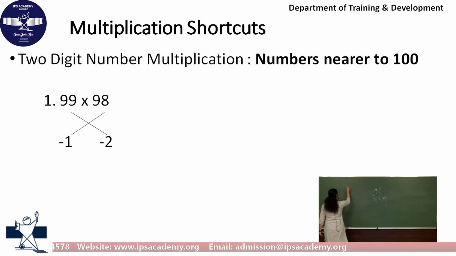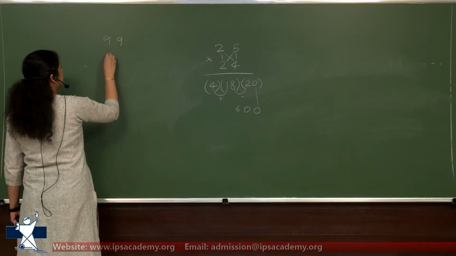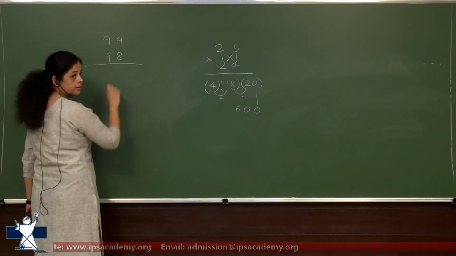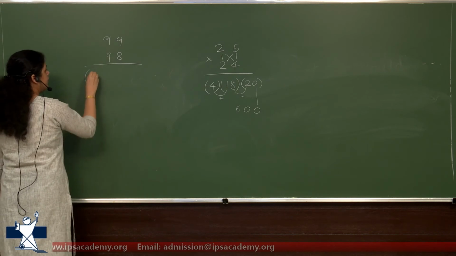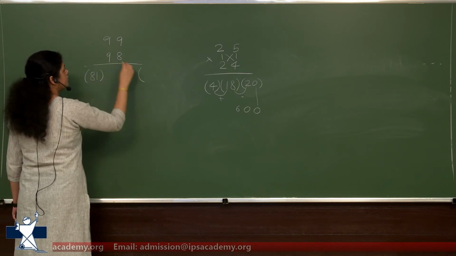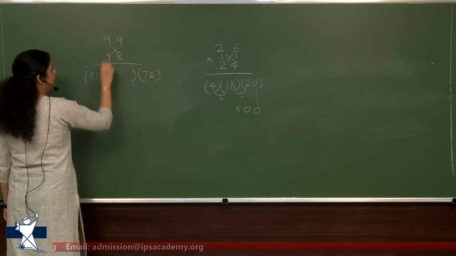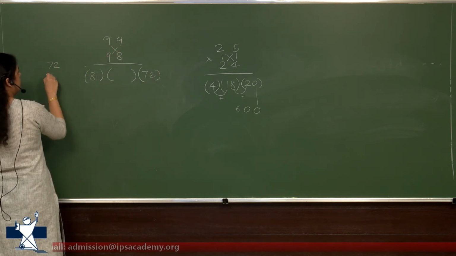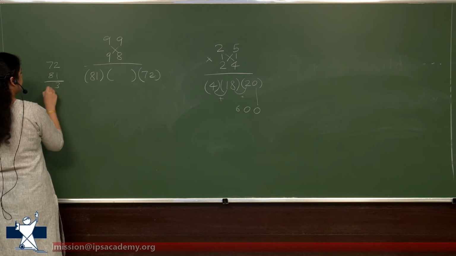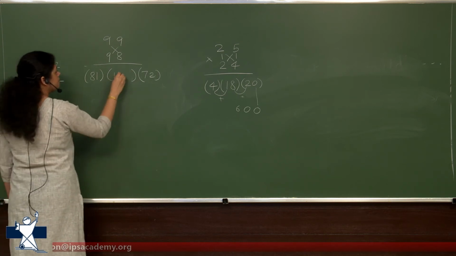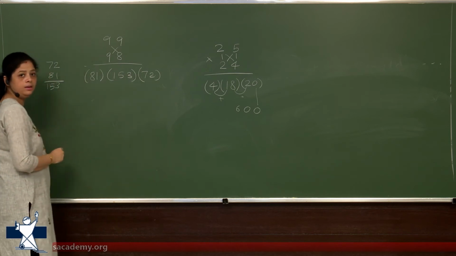If you are doing 99 into 98 by our regular method, we go 99, 81, this will be 72, and बीच में क्रॉस and add. So 72 plus 81, 153. Then what do?